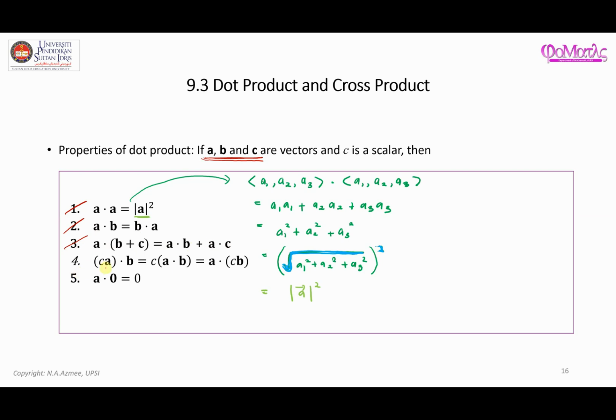And if you have a scalar c, you can either multiply it with vector a first and then take the dot product with b, or get the dot product of a and b and then multiply by the scalar, or multiply vector b by the scalar first and then dot with a.